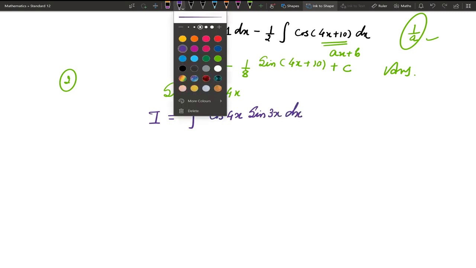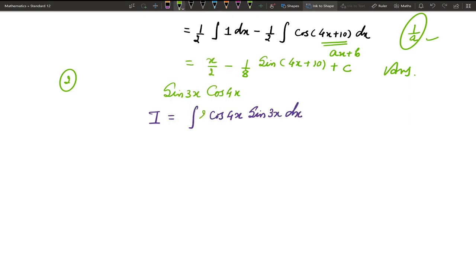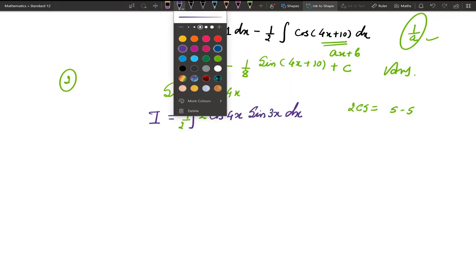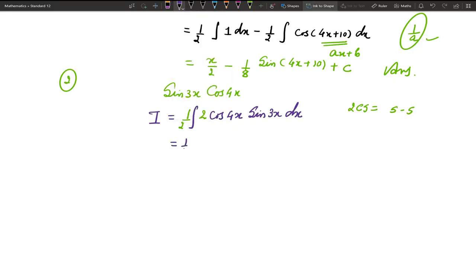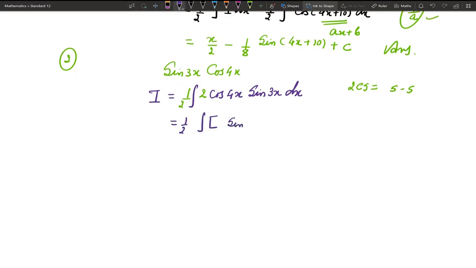Now multiply by 2 and divide by 2, and use 2 cos A sin B, that is sin(A plus B) minus sin(A minus B). So this is 1/2 integration of (sine 7x minus sine x) dx.